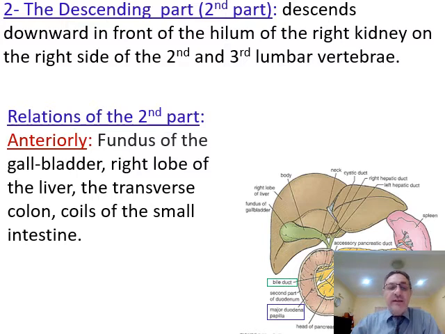Relations of the second part: anteriorly, we have the fundus of the gallbladder and right lobe of the liver, also the transverse colon. Here we have first the right colic flexure, then it continues as the transverse colon, then some coils of intestine are also related to the second part.